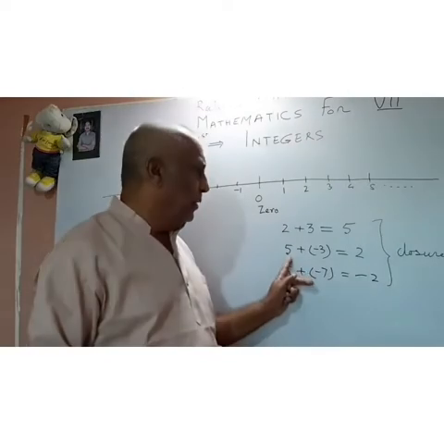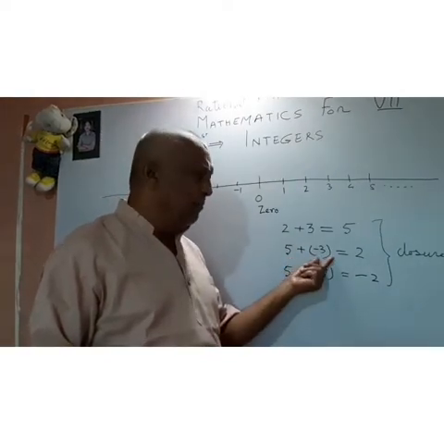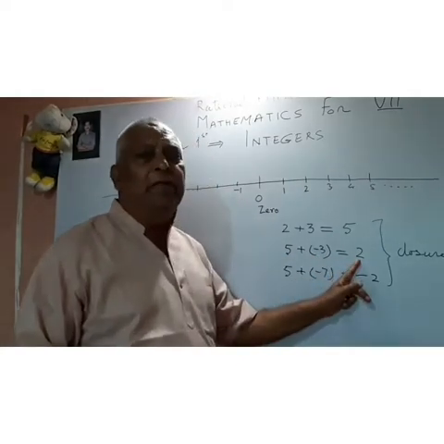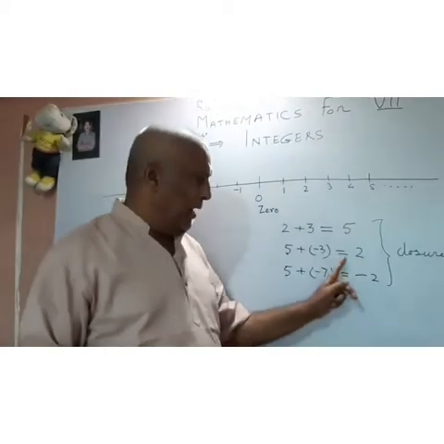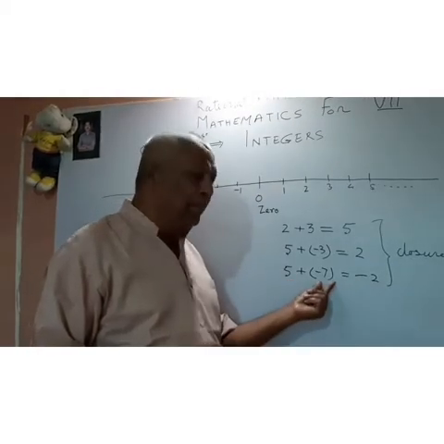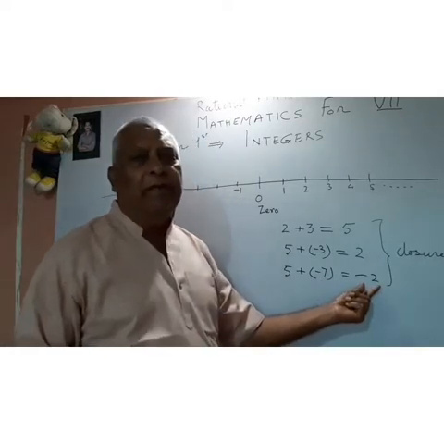As here, you have added 5 positive integer and minus 3 the negative integer, we get positive integer as the sum. And here 5 has been added to minus 7, it gives you minus 2 the negative integer.